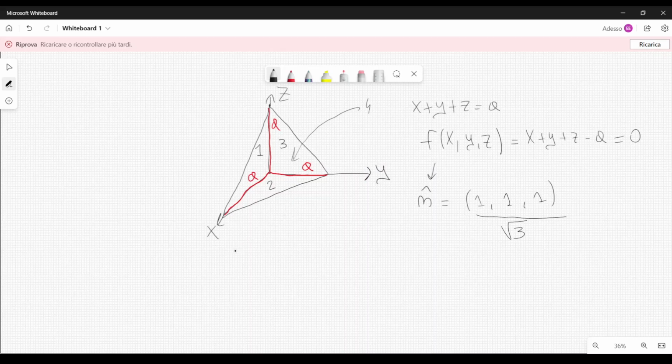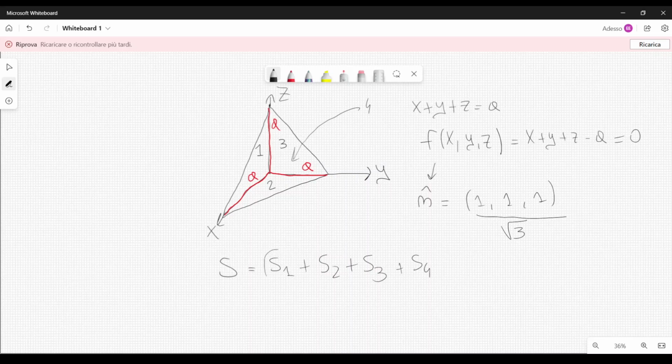Now, the surface is given by the sum of the surface S1 plus the surface S2 given by this surface here. Then we have the surface S3, this one, and then we have the surface S4.